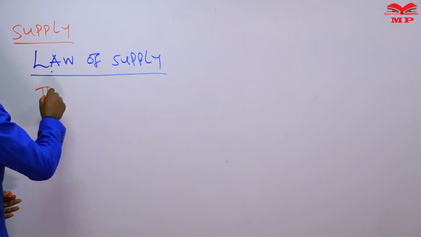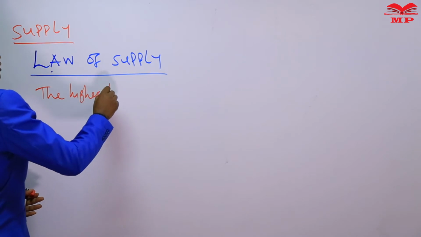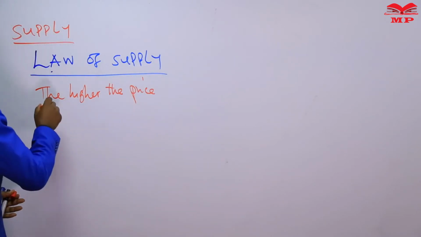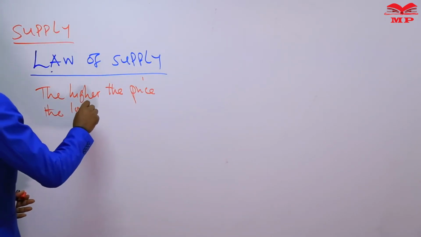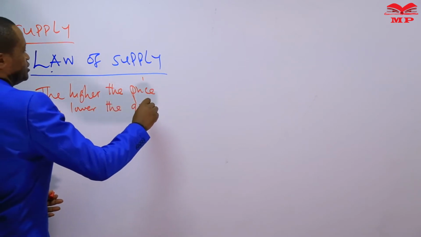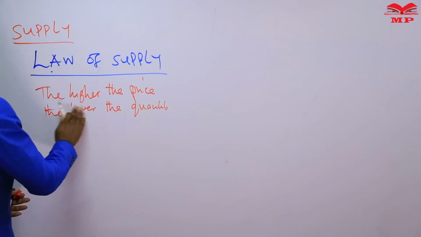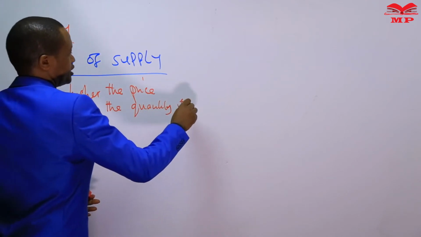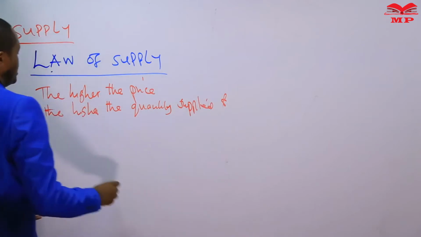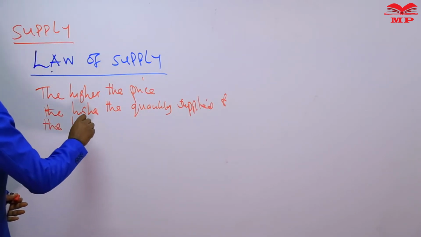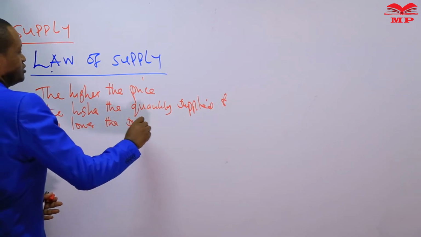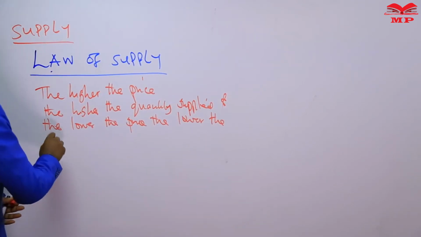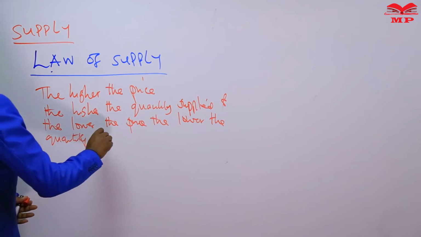It states that the higher the price, the higher the quantity supplied, and the lower the price, the lower the quantity supplied.